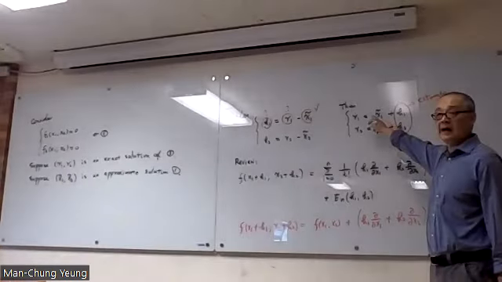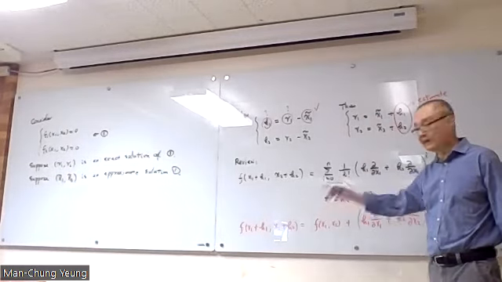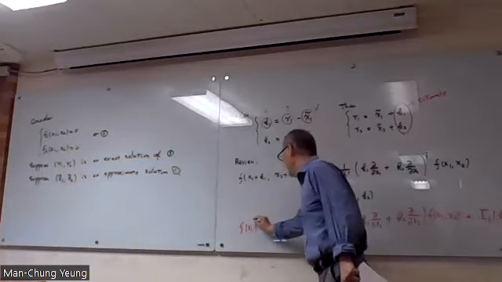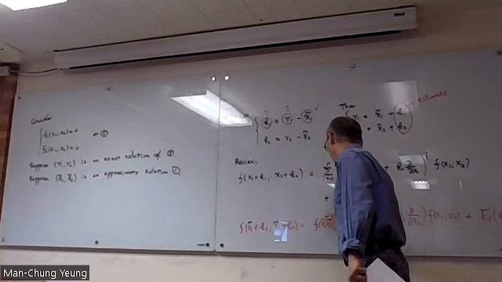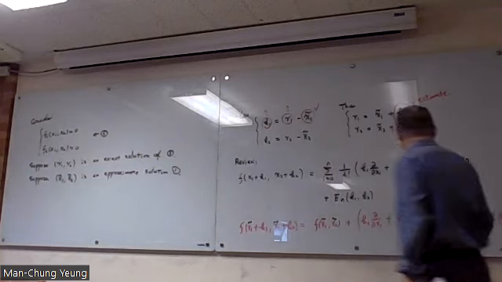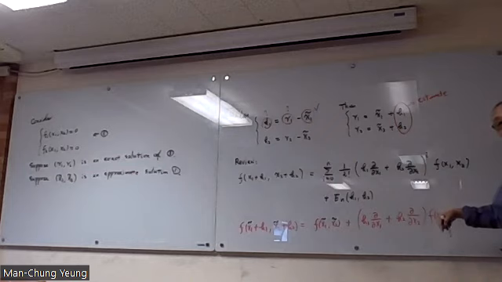Now I plug in x tilde for x. Then I get x1 tilde. We compute the derivative first, then plug in x tilde.